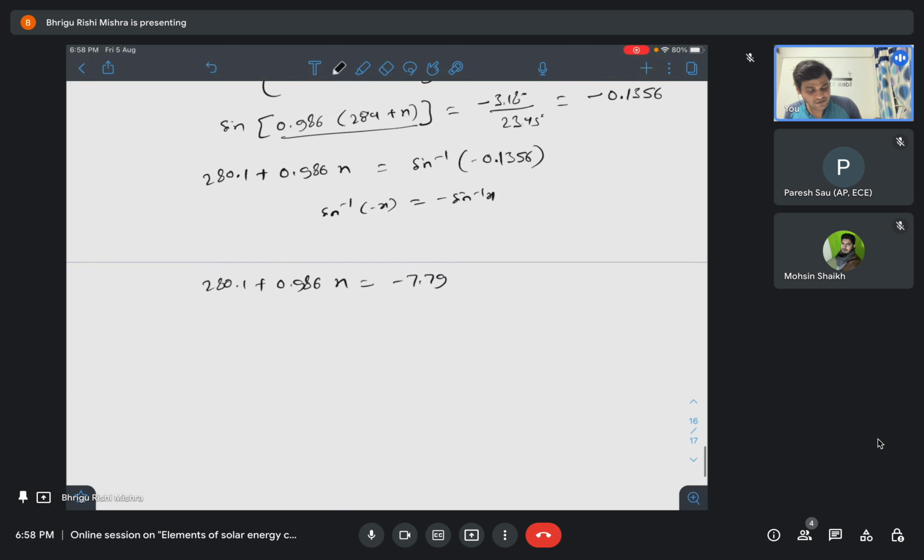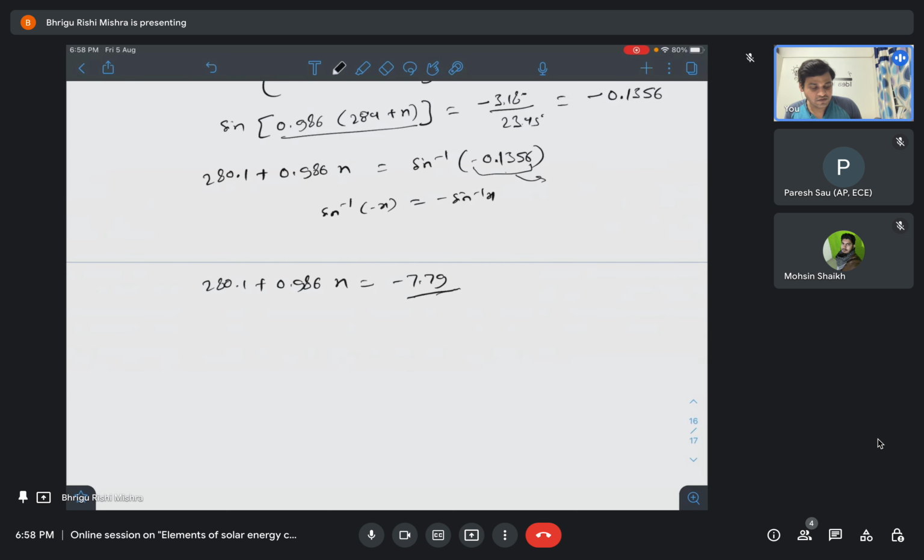Also clear, this is minus 7.79, which is greater than 1. Please do not be confused: this is the angle theta, which can be anything, like minus 180 to plus 180, or 0 to 180, or any angle. Since it is periodic, we consider it from 0 to 180 degree, but here it is simply minus 7.79.